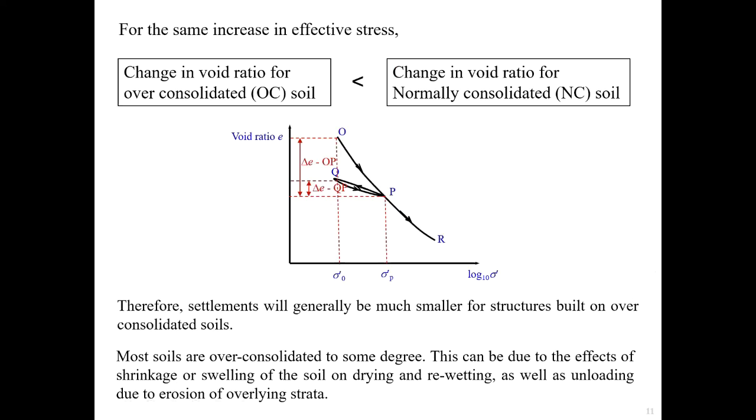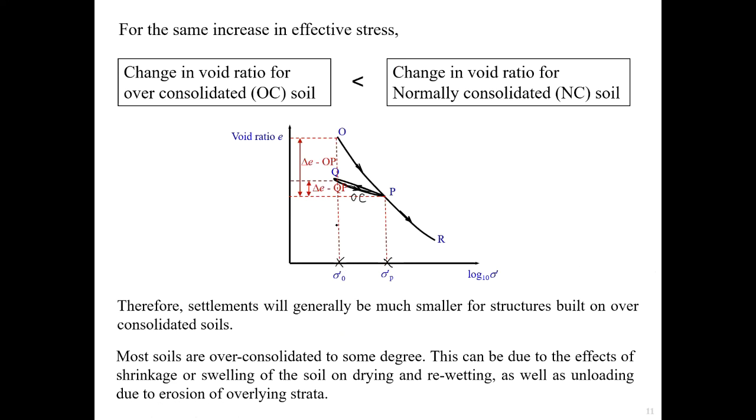We can see from this figure that for the same increase of vertical stress from sigma O prime to sigma P prime, the change in void ratio for over-consolidated soil, the OC stage, which is the unloading and loading curve, is what we also normally call OC soil.